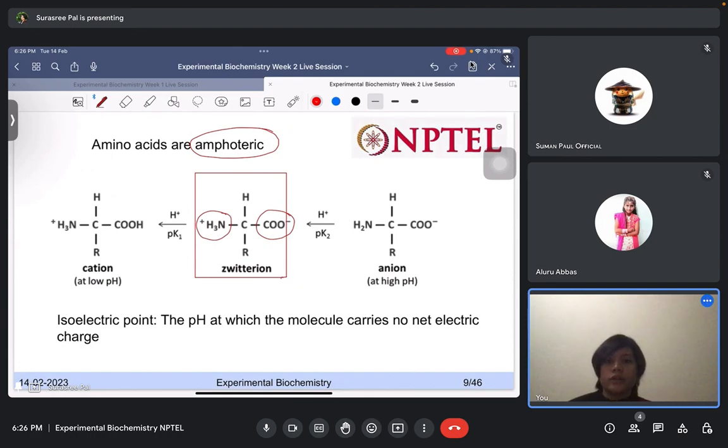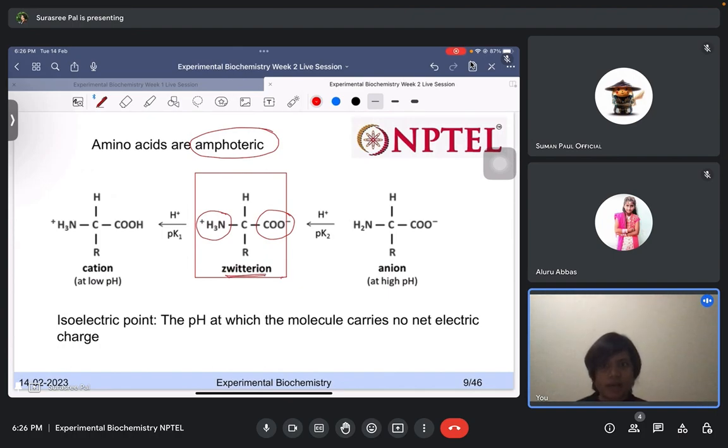right? So this NH3 plus and the COO minus, these two charges balance each other. So in this particular state of this amino acid, there is no net charge on it, right? Because the NH3 plus and COO minus balance each other. Which is why this particular structure is called a Zwitter ion.